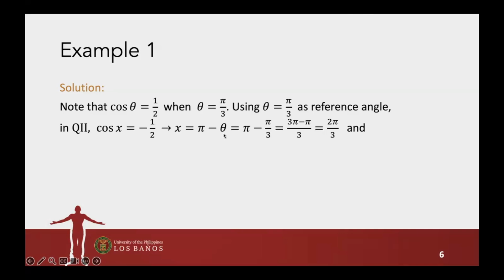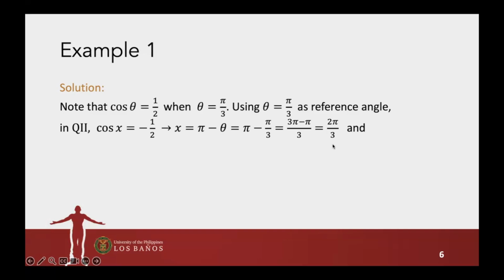So substituting theta in this equation, we get pi minus pi over 3, and subtracting pi over 3 from pi, we will get 3 pi minus pi all over 3, and that will give us 2 pi over 3.